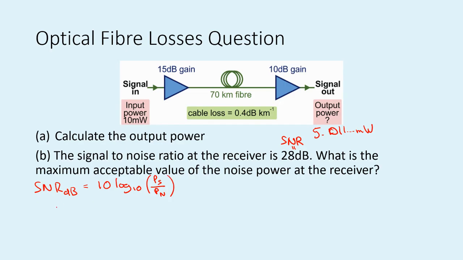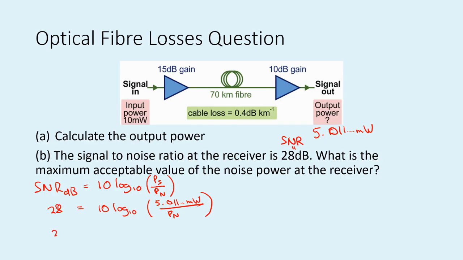So let's put the numbers in. We've got 28 is equal to 10 log 10 the power of the signal, which is the same as the output power at this point, 5.01 etc. milliwatts. And I'm trying to work out the power of the noise.